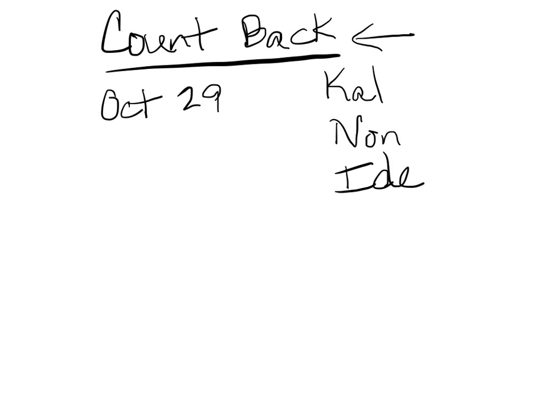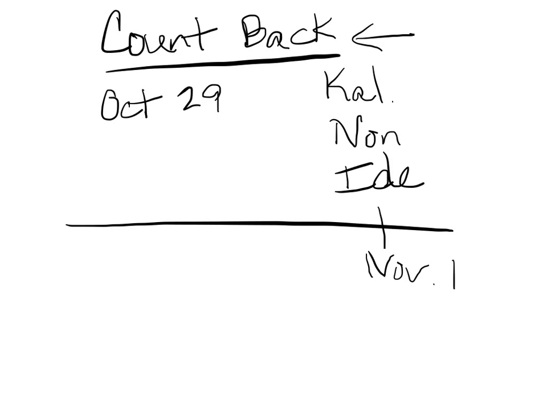You have to find the calends, nones, or ides that falls after October 29th, the nearest one. So, the nearest date on the calendar that comes after the 29th would be the calends of November. So we make a timeline. We're going to be counting back from November 1st, which is the calends of November.